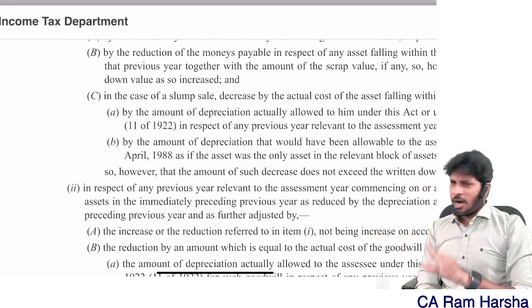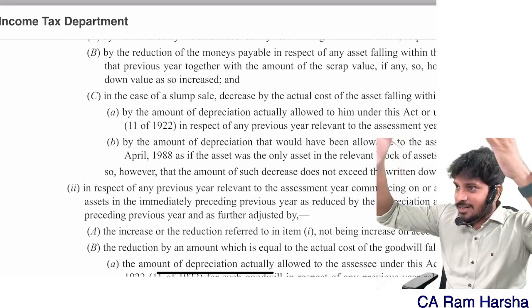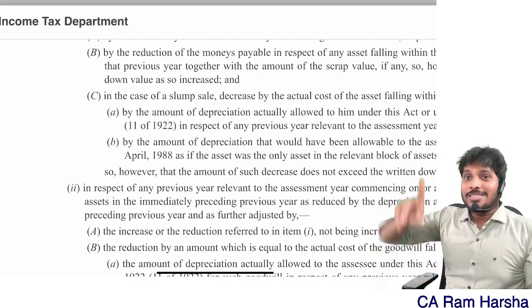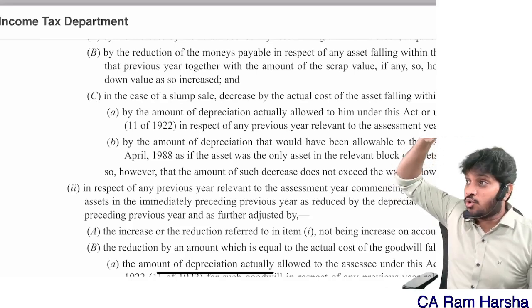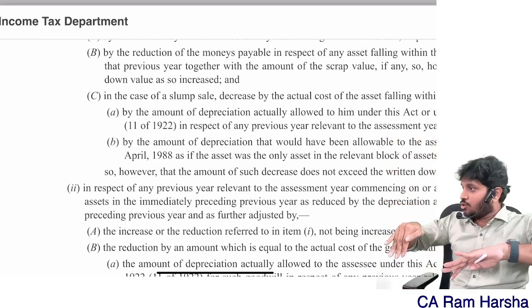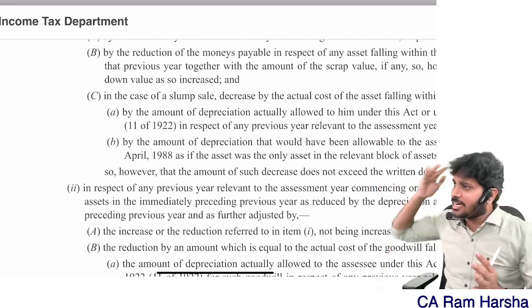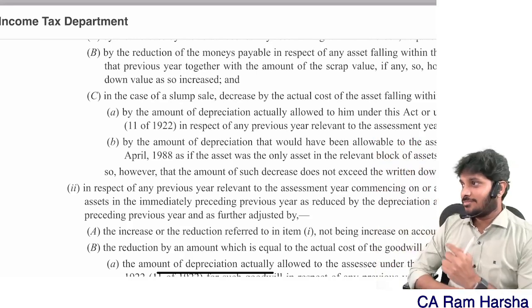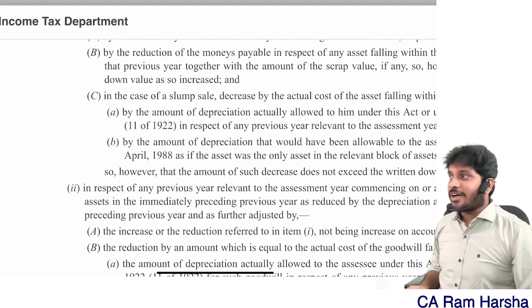What every student will do is take the last year written down value as the opening, add additions, and compute all the depreciation, and the entire amount is wrong. Why? Because from last year's closing WDV, you should reduce last year's depreciation, then compute opening WDV, add additions, minus the amount received, and then compute depreciation. Every student thinks he did the right answer. This is one mistake everybody makes in depreciation, because they don't understand this. Are you clear? Written down value understood.